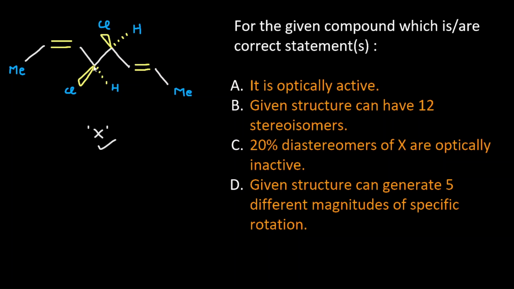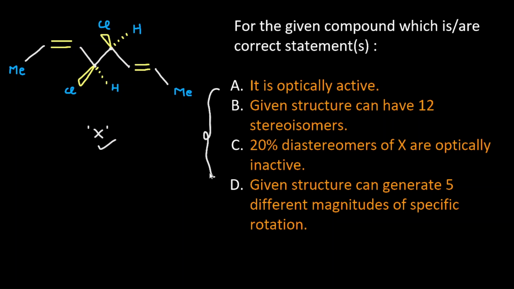So I have given the three-dimensional arrangement as you can see on your screen. This compound X has got a structure, a configuration which the question is portraying. Now, based on this information, you have to tell which amongst these options is or are correct.